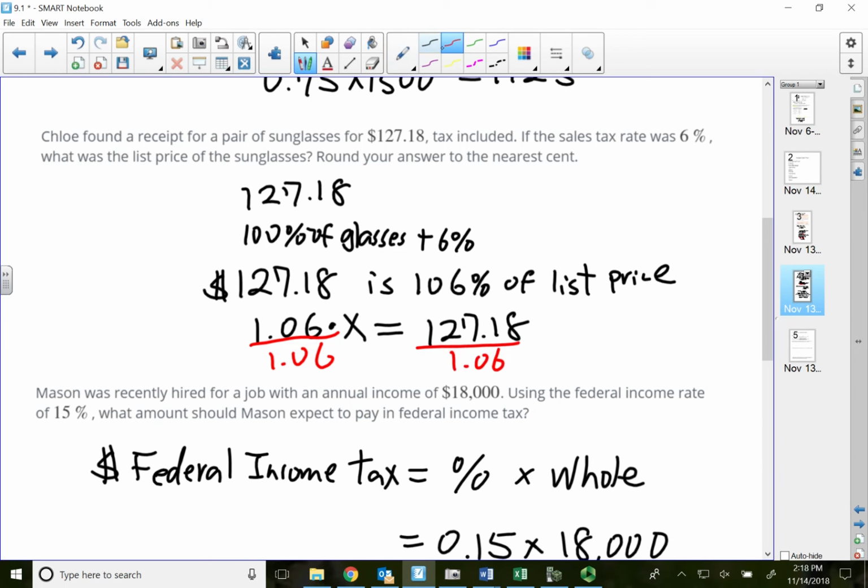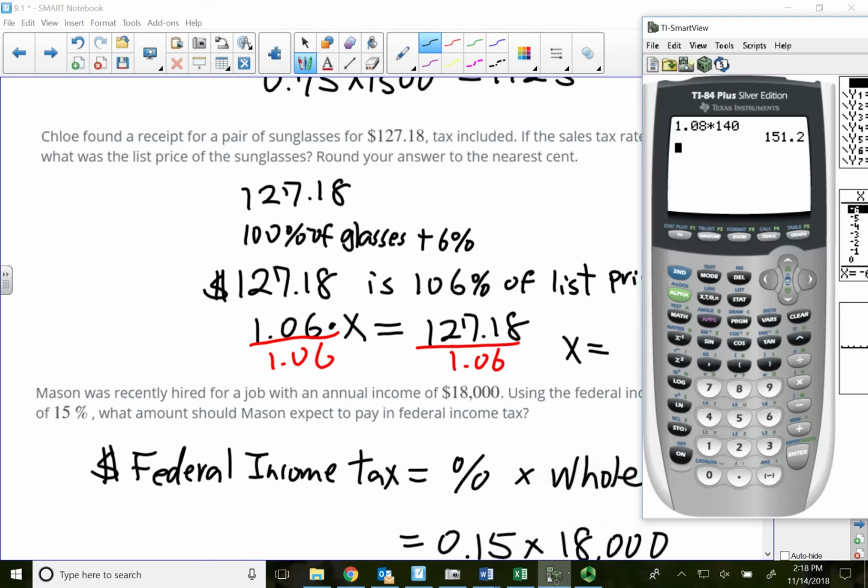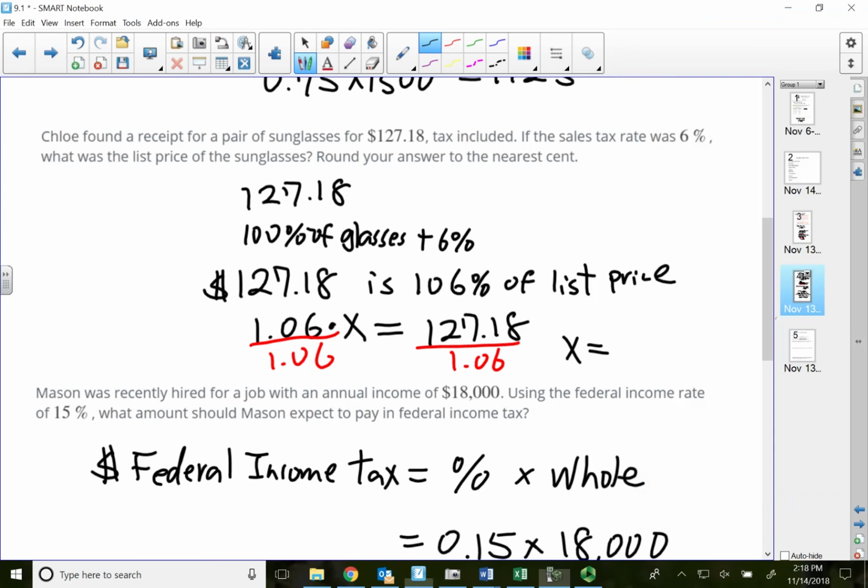And that will tell me my original price is going to be 127.18 divided by 1.06, which is $119.98. All right, it makes sense because the list price has to be less than what I'm paying, because what I'm paying is $119.98 for the glasses plus another 6% for tax. That's why the two together have to be higher than the list price.